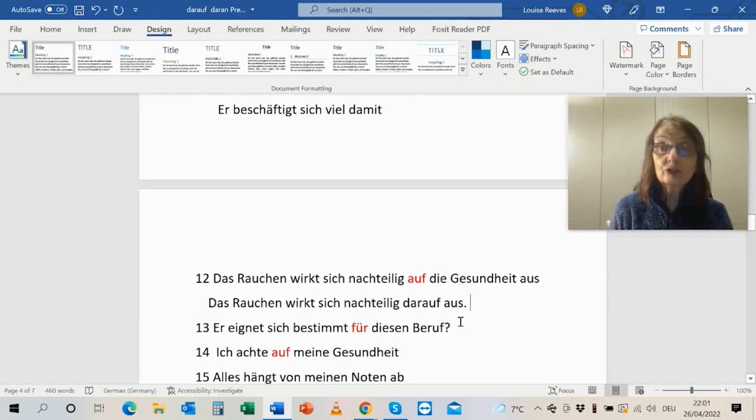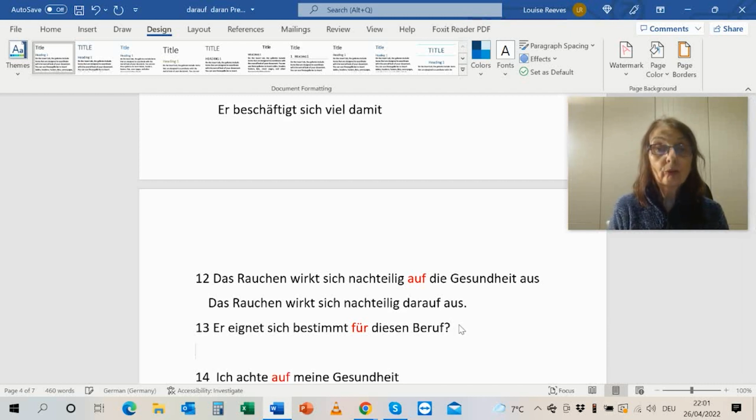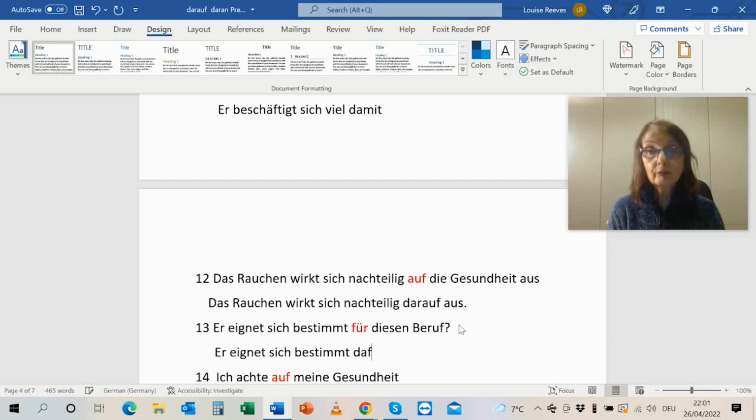Eignet sich bestimmt für diesen Beruf. He is definitely suited for this job. The für is there, I have to get that in. So, eignet sich bestimmt dafür. And the next.